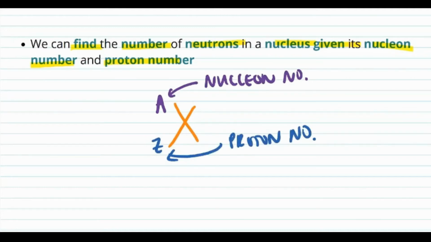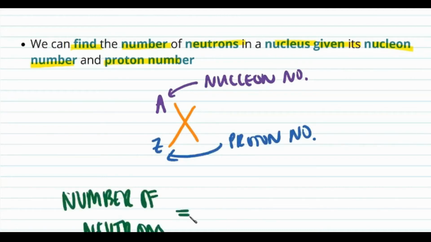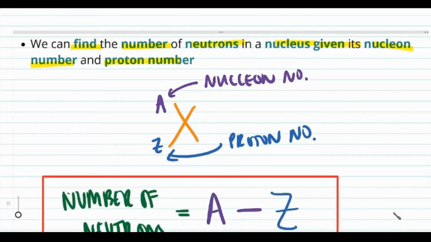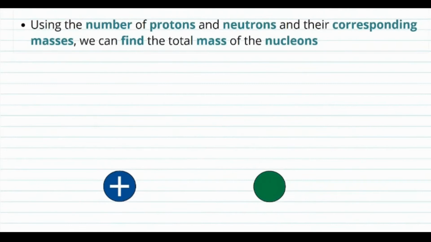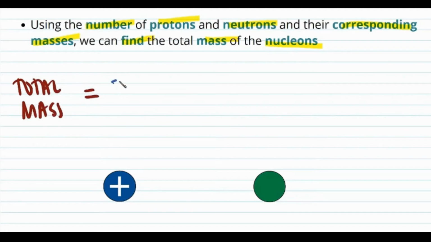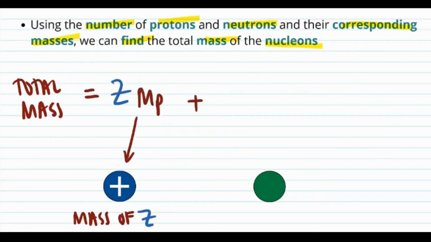And the number of neutrons is equal to A minus Z. Using the number of protons and neutrons and their corresponding masses, we can find the total mass of the nucleons. The total mass is equal to the proton number Z times the mass of a proton plus the number of neutrons, which is A minus Z, times the mass of a neutron.